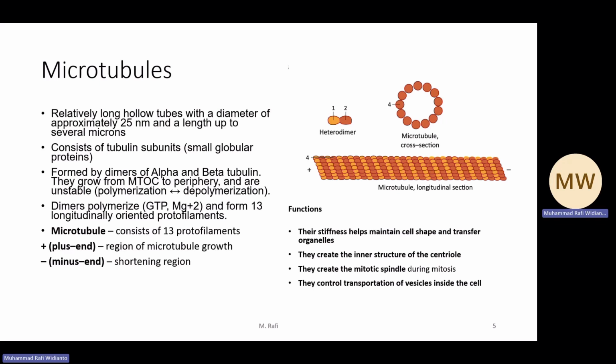The plus end is where the microtubule can grow, and the minus end is the shortening region. The minus end is also where the MTOC is located. Some general functions, like we said before: transportation of vesicles inside the cell, creating the mitotic spindle during mitosis, and also creating the inner structure of the centriole.